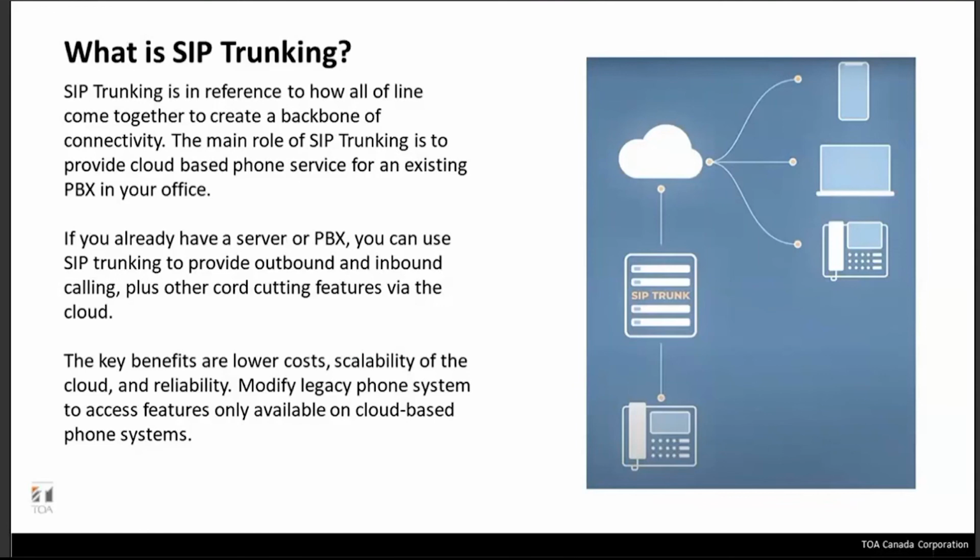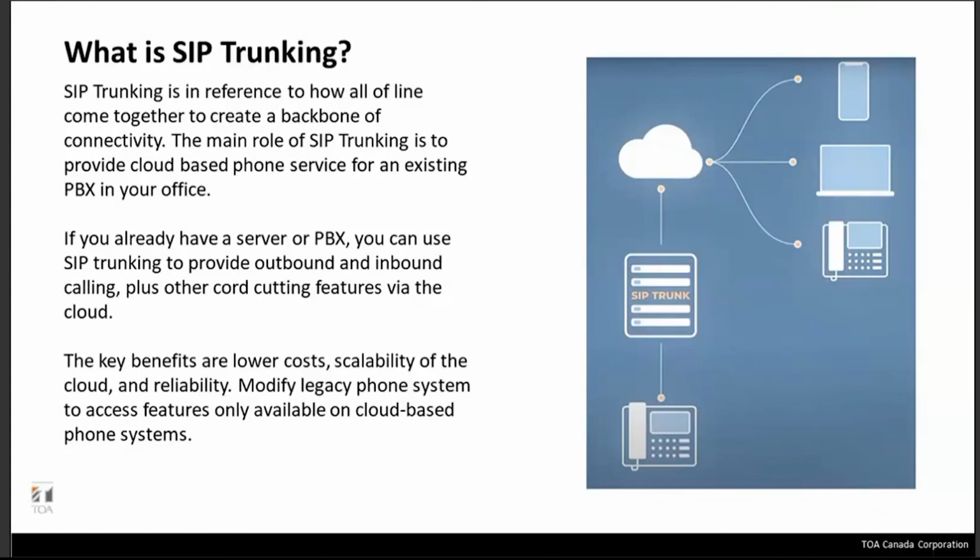SIP trunking is a very robust kind of backbone connectivity, which gives us the ability to talk to the real world for outbound and inbound calls, and gives us a feature for the cloud. It lowers our cost, adds scalability, is cloud-based, and modernizes our legacy phone system, which is now available on a cloud-based system.